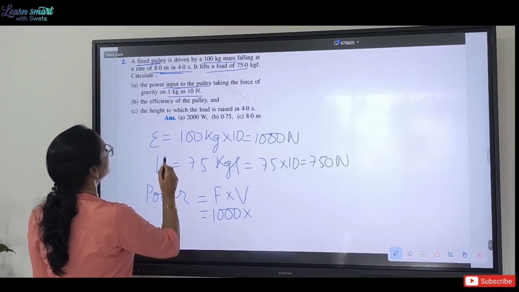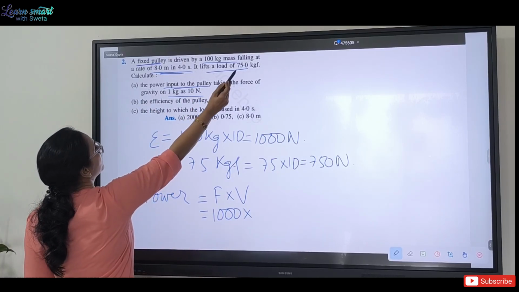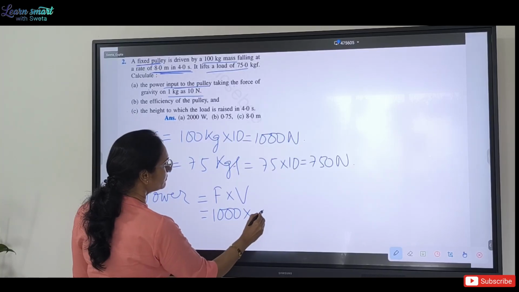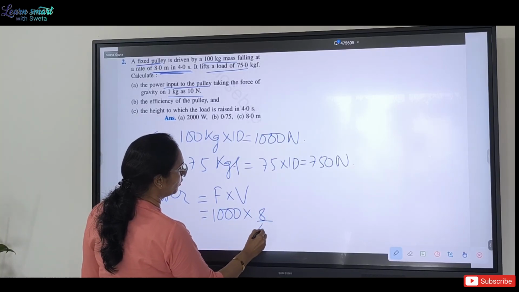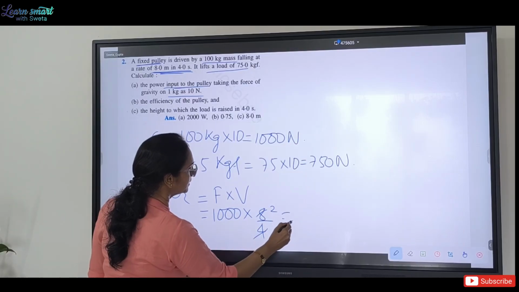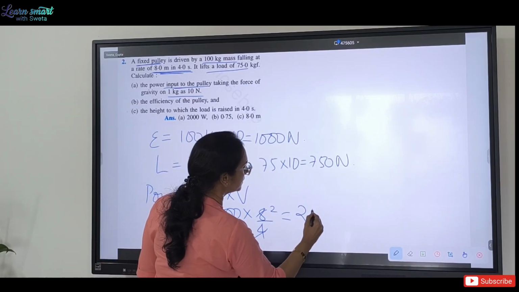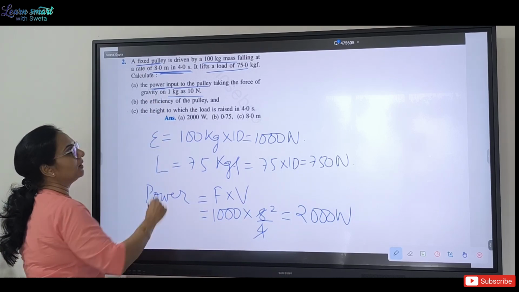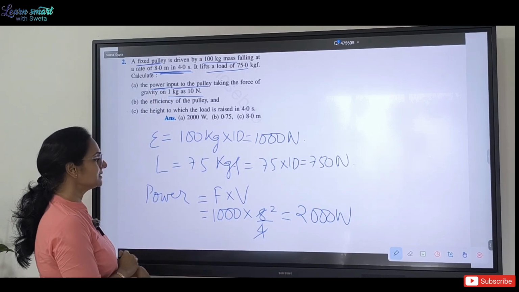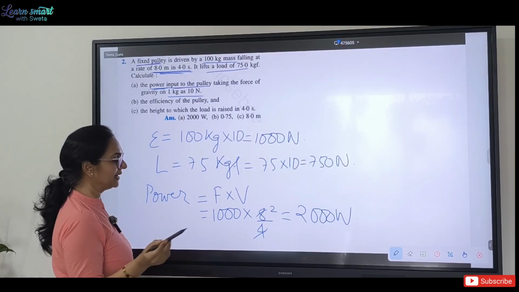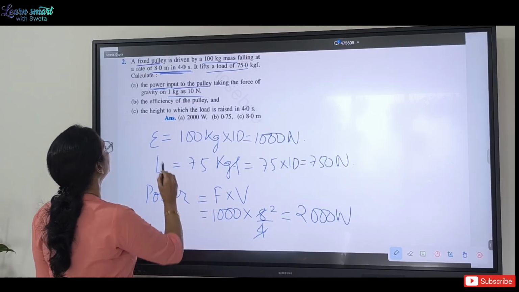And what is the velocity? They have given that it falls at a rate of 8 meter in 4 seconds. So the velocity is 8 upon 4, which means we will get 2000 watt. So for calculating the power, since here they have given the velocity, we can use the identity F into V and we can calculate.